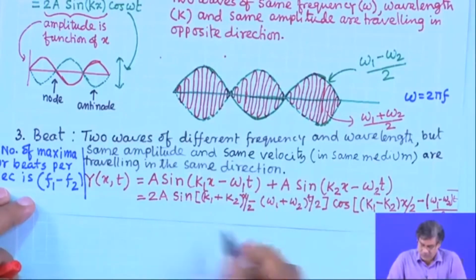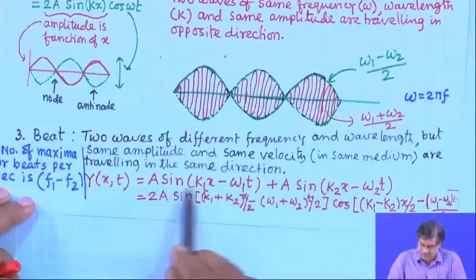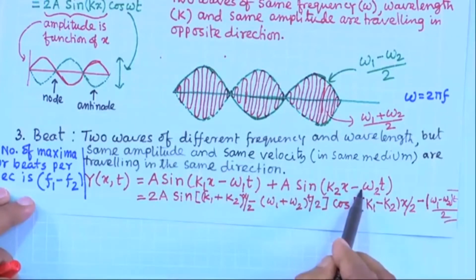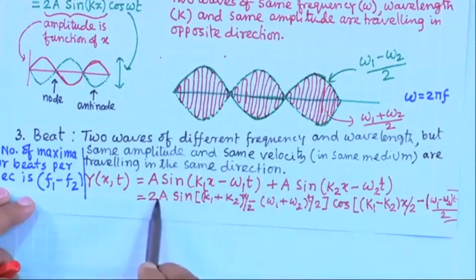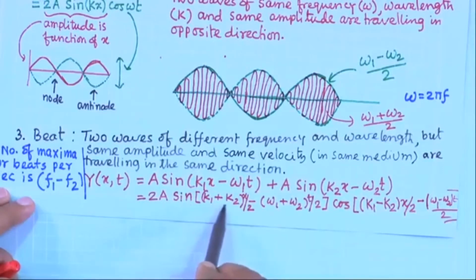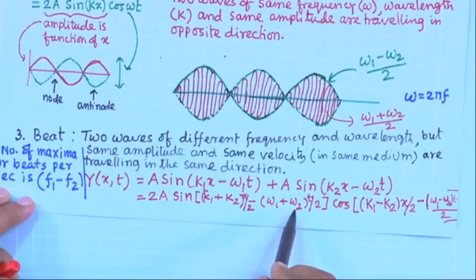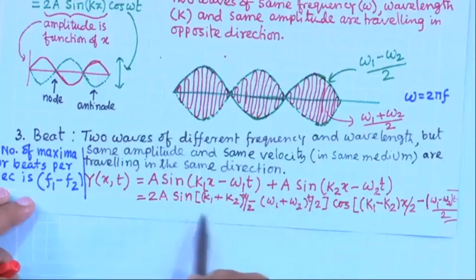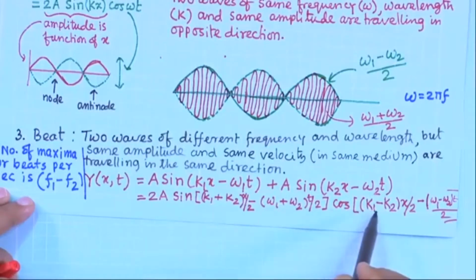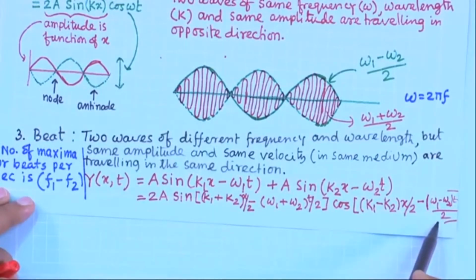In the same direction, so the sign is also the same. So, you will get 2a sin((k1 plus k2)x/2 minus (omega1 plus omega2)t/2). This is the sine part, and the cos part is (k1 minus k2)x/2 minus (omega1 minus omega2)t/2.